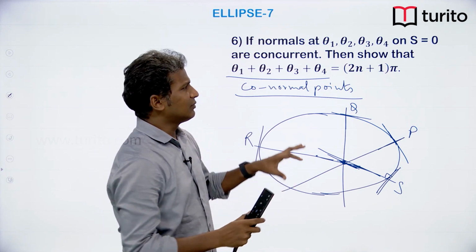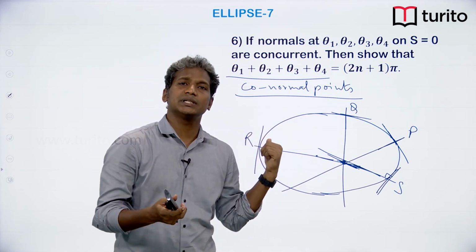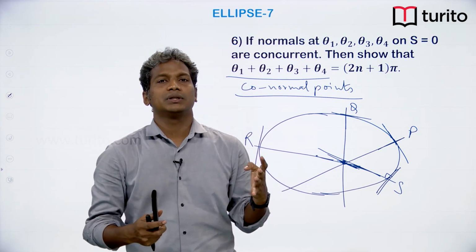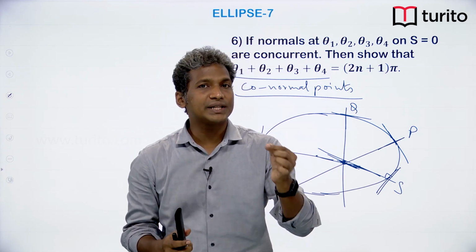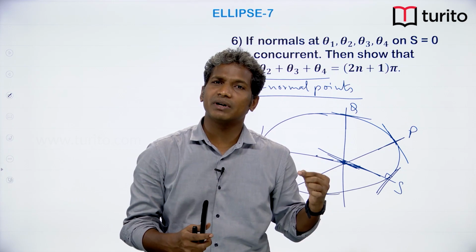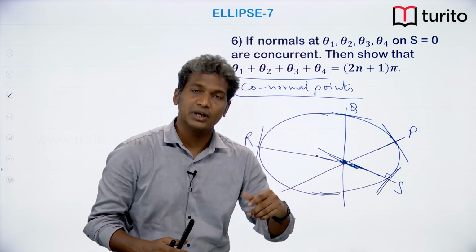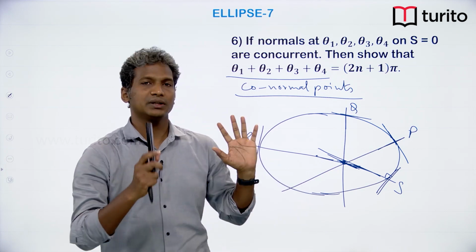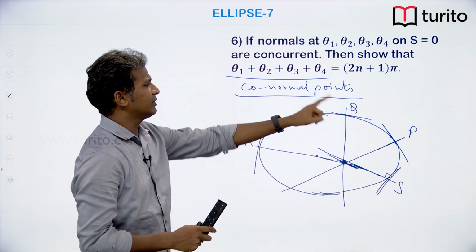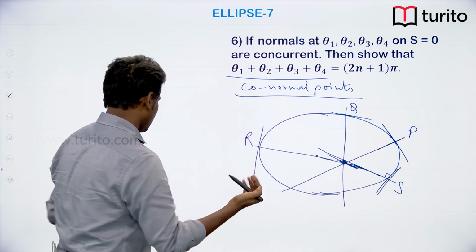Now, in some questions slopes may be involved, in some questions points x1, y1, x2, y2, x3, y3 may be involved. In those situations we have to start from those ideas only. So, here we will start with any one equation of normal.